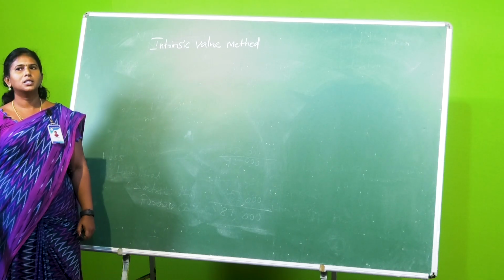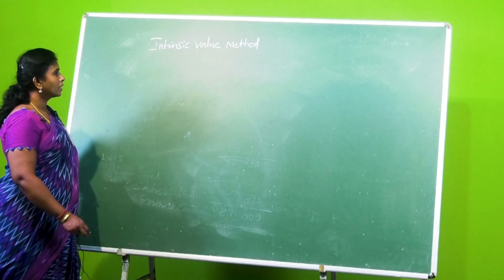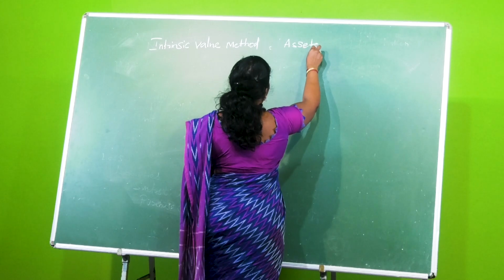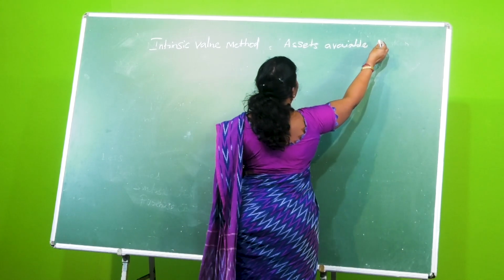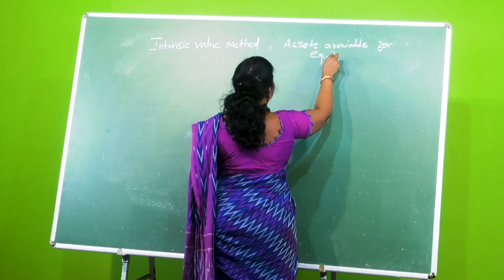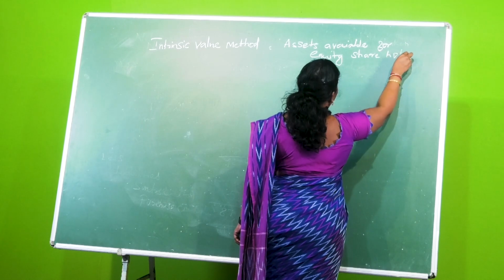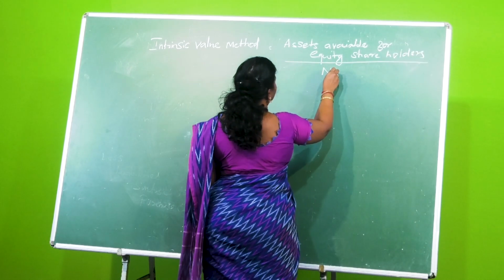The formula of the intrinsic value is assets available for equity shareholders divided by number of shares.